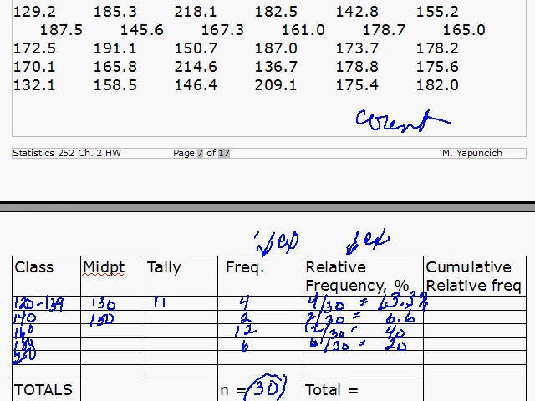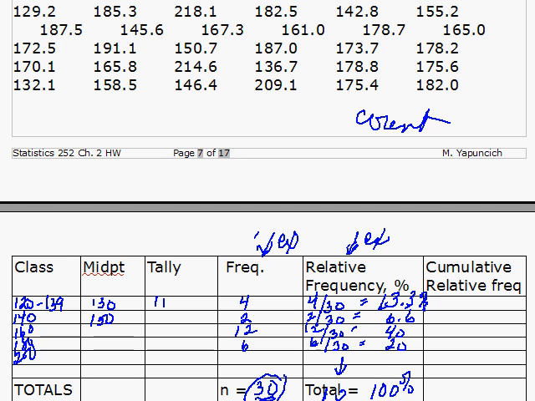To find the relative frequency, you take this frequency and divide by the total number, in this case 30, then you get a fraction or decimal, and then you can get a percent, in this case 13.3%. And you go down this whole list and fill all these in. This should add up to 100%, or when you look at the decimals, it should add up to 1.